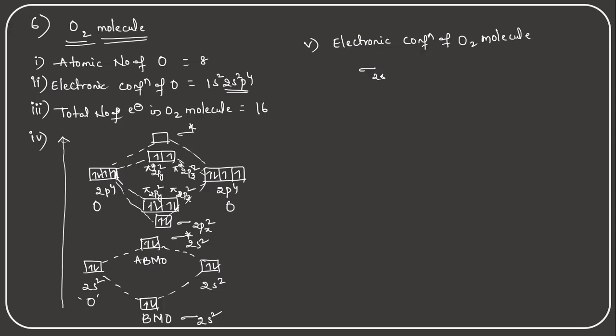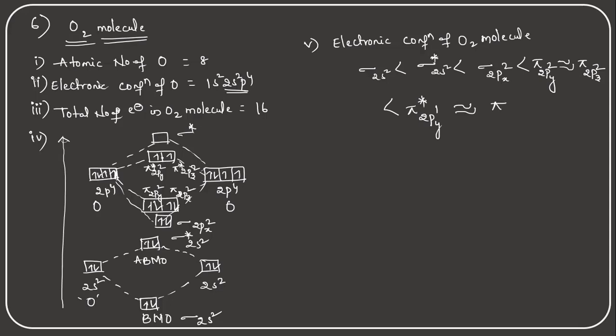Sigma 2s2 has lesser energy than sigma star 2s2, which has less energy than sigma 2px with 2 electrons, which has less energy than the pi orbital of 2py with 2 electrons, which has equal energy with the pi 2pz with 2 electrons, which has less energy than the pi star 2py with 1 electron, equivalent in energy with the pi star 2pz with 1 electron.